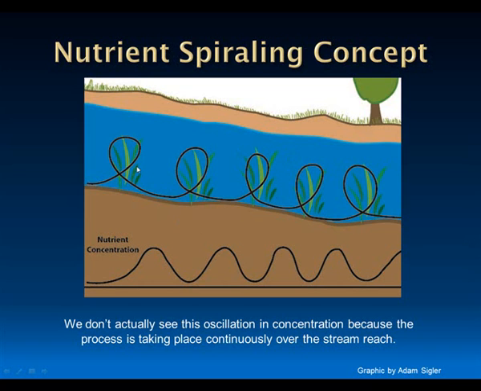And so following this conceptual diagram, we would then see a decrease in concentration and then an increase as it's released, and so on like this, right? Conceptually following the spiral. But we don't actually see these changes in concentration because this oscillation is happening continuously at all points in the stream.